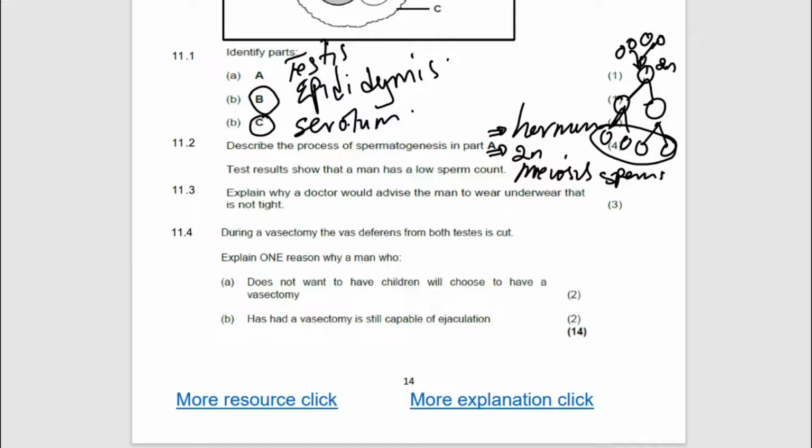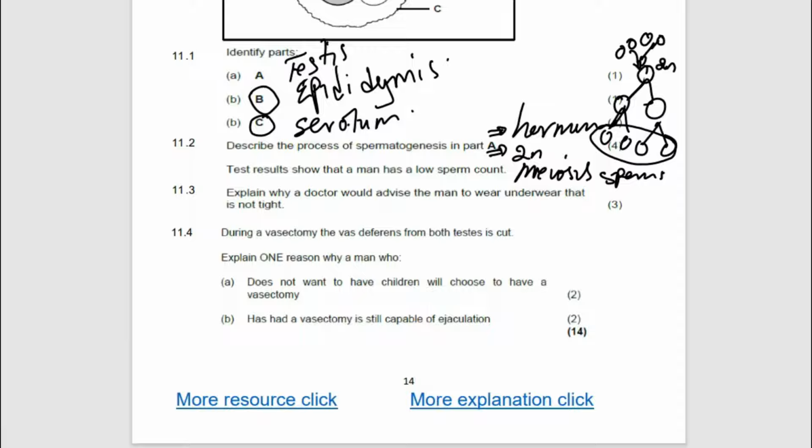The germ cell will undergo meiosis under the influence of testosterone in the seminiferous tube to form a haploid sperm cell. Or you can say under the influence of testosterone, the diploid cell, that is the germinal epithelium, will undergo meiosis to form the sperm cells in the seminiferous tubes.